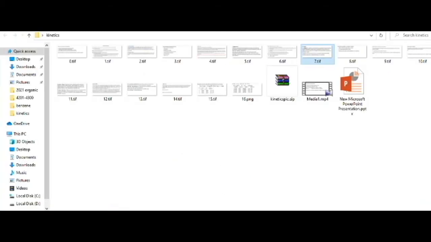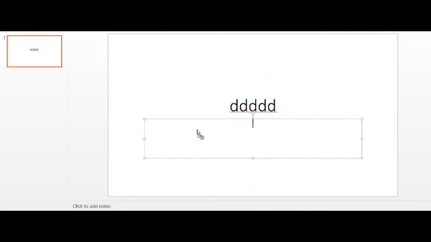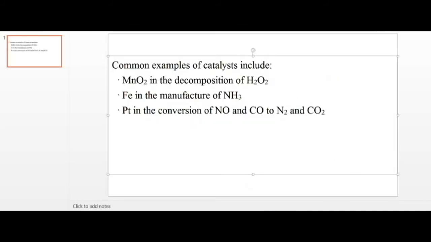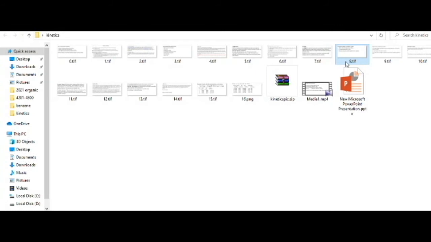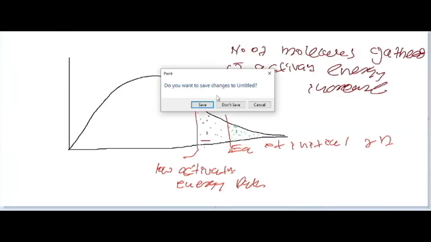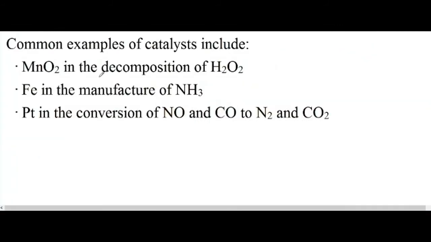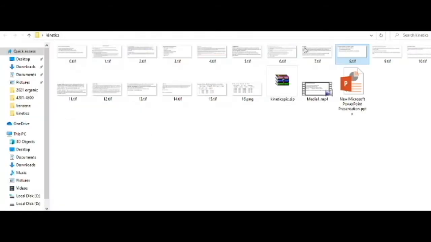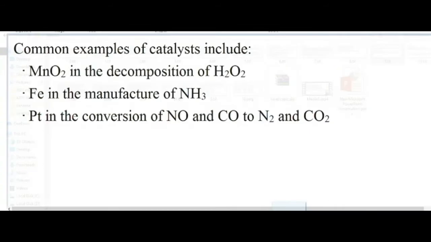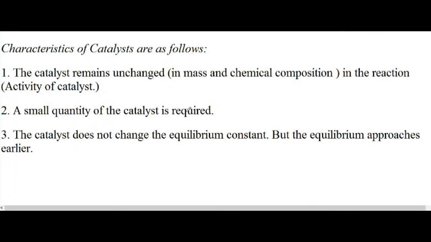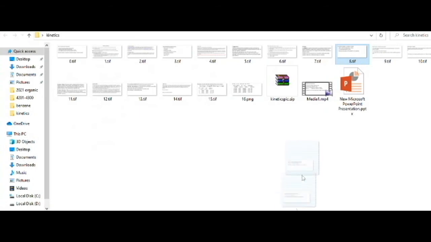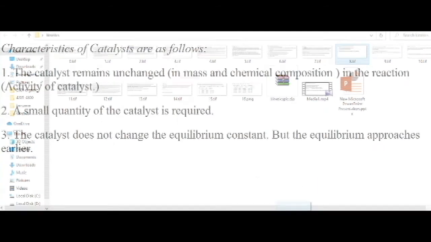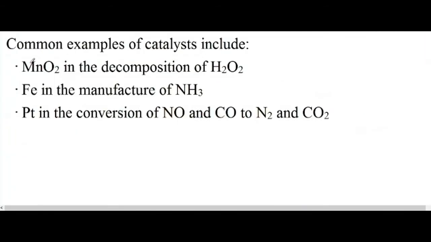Now I am going to explain some other factors about catalysts.